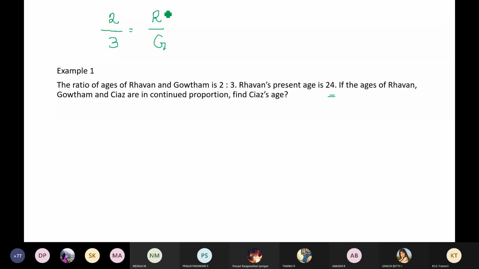Using this, can you tell me Gautam's present age? I know 2/3 is equal to R by G, and they have told me Raghavan's age is 24. Find out Gautam's age. What will be Gautam's age, guys?